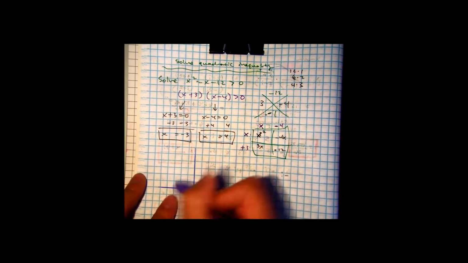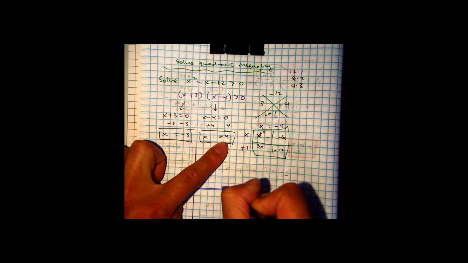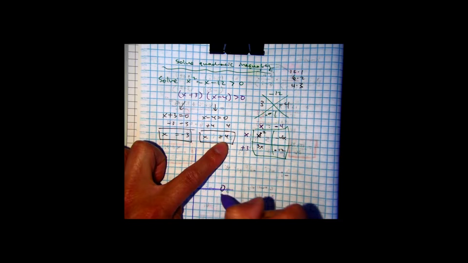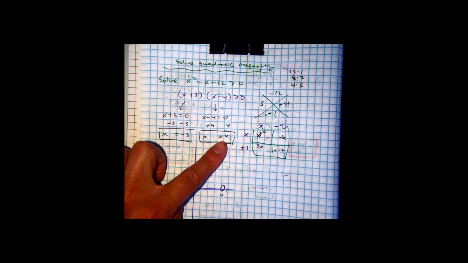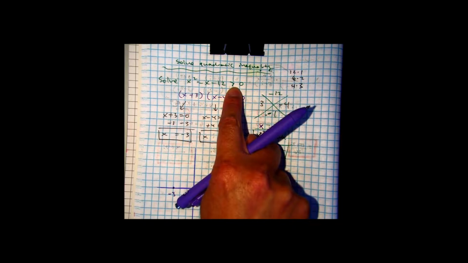So I have negative 3 and 4. Now pay attention. 4 is an open circle. Put your finger on why it's an open circle.